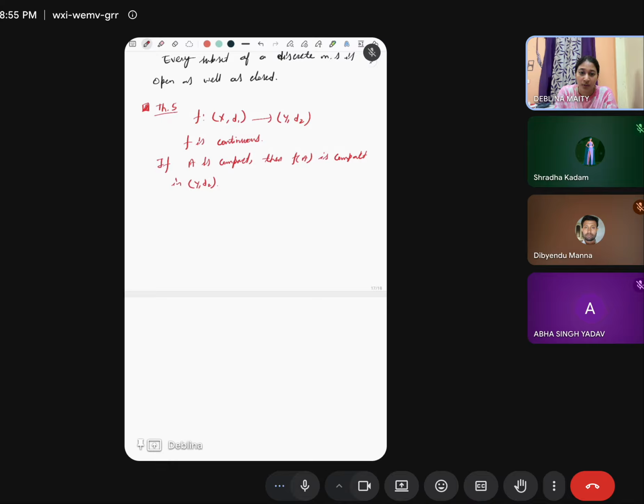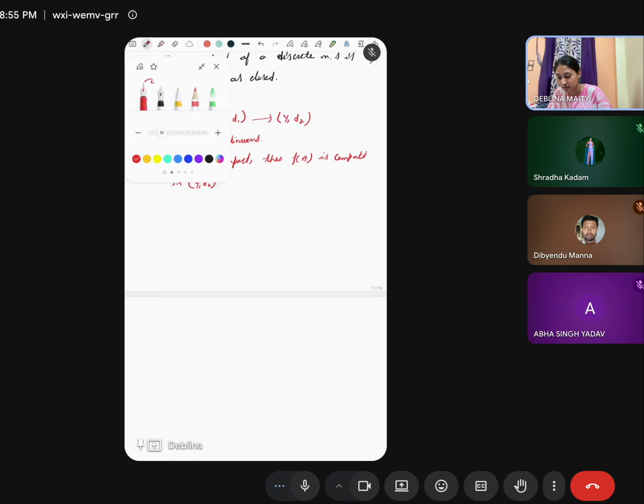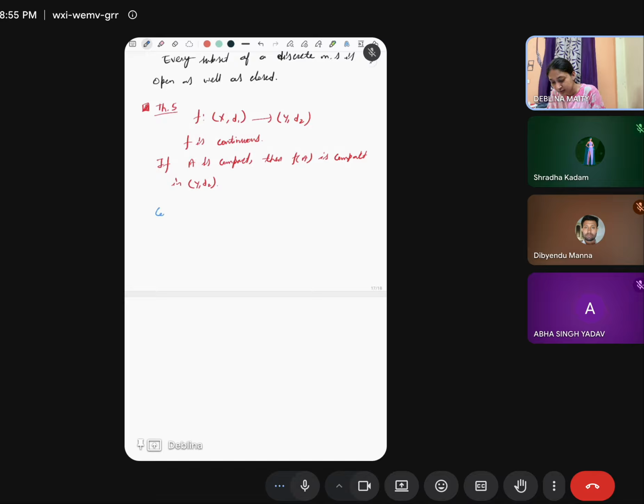The question is, is this function continuous or not, meaning does the converse of this theorem hold or not? We see that the converse of theorem 5 is not true. So we'll see a function which sends compact sets to compact sets, but it is not continuous.